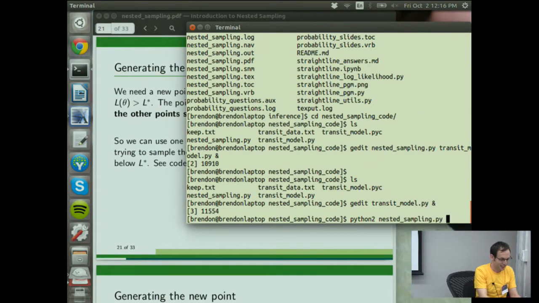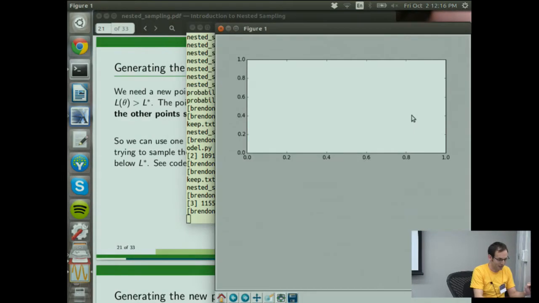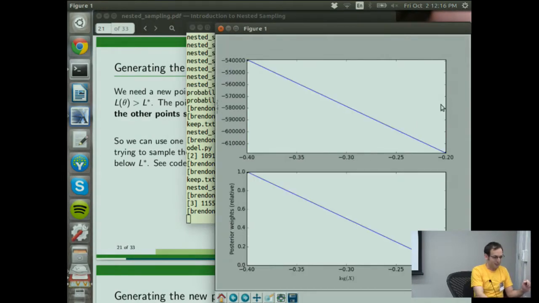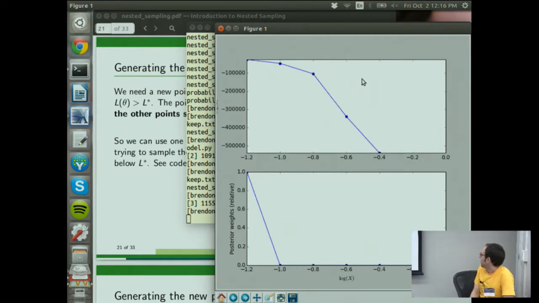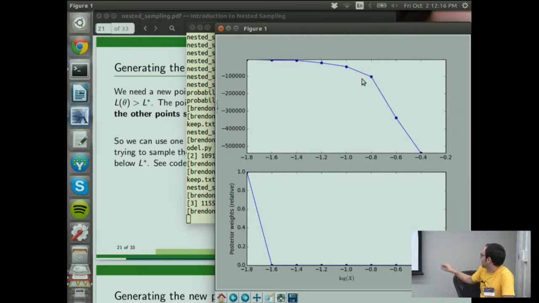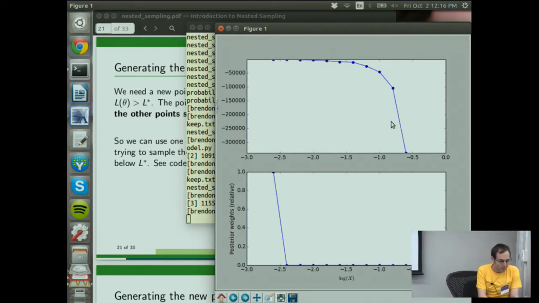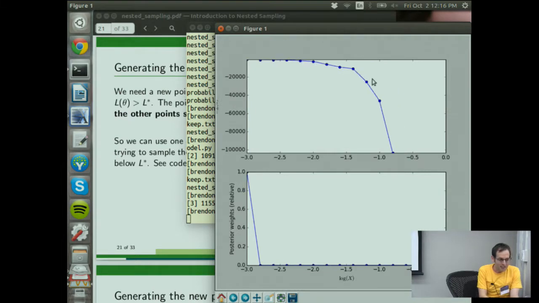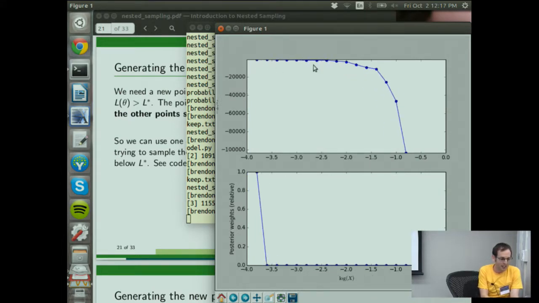So, I'll briefly talk about what these plots are as well, because they're very helpful for diagnostics. As you can tell, this is a fairly non-sophisticated script with not very many labels on here. But what we're looking at on the top plot is, each time I do a nested sampling iteration and discard the worst point, I know its log likelihood, and that's on the y-axis.